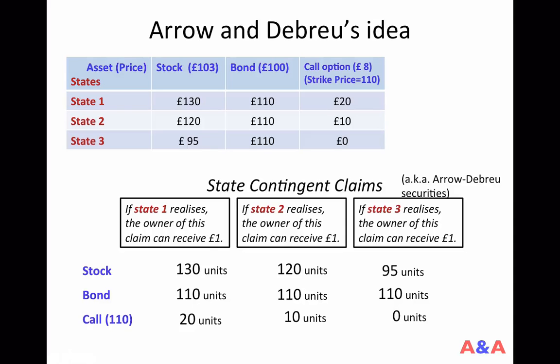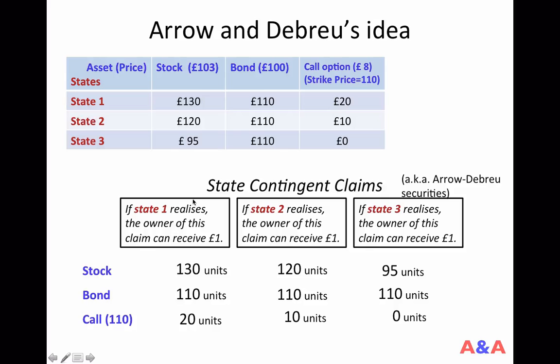What I mean is the following. We can derive the prices of state contingent claims, the price of the state 1 contingent claim, the price of the state 2 contingent claim, and so on. We don't know these prices, but we have three bundles. We have a bundle of these state contingent claims. The bundle is called stock, and the current price of the bundle is £103. We have another bundle of these state contingent claims.